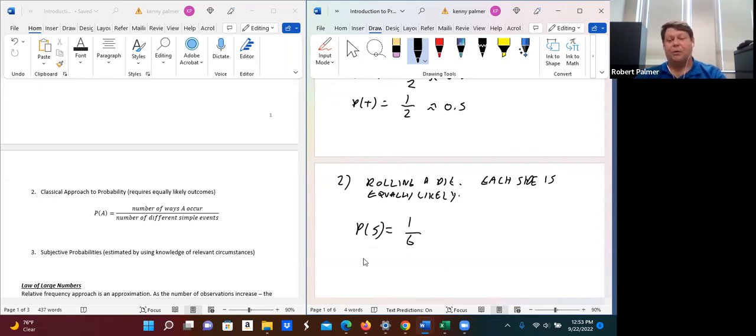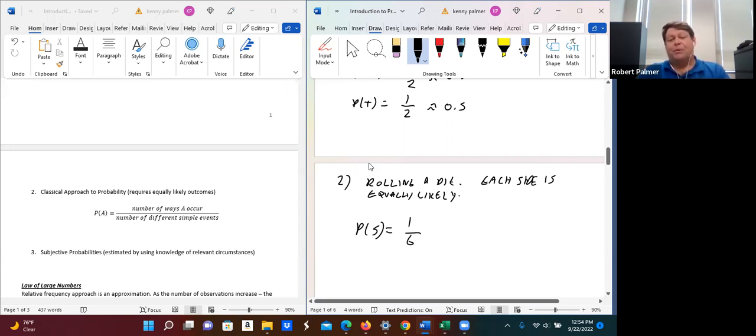Okay, so the probability of getting a 1 or 2, any individual one, assuming they're all equally likely, is the same. Now, once again, you can see why this requires equally likely outcomes. If this was a loaded die, you've heard of loaded dice before, where one side is more likely to come up than the others, then this no longer works because it's not going to be 1 out of 6. It's not all equally likely. It's still possible to determine the probability in other ways.